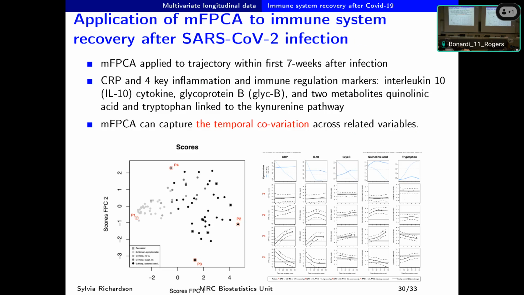So being very low on tryptophan is a bad thing. And for the others, having a higher level is a bad thing. I don't have time to go into detail, but it just captures the covariation here. You have these different shapes, but you've got a single set of scores.